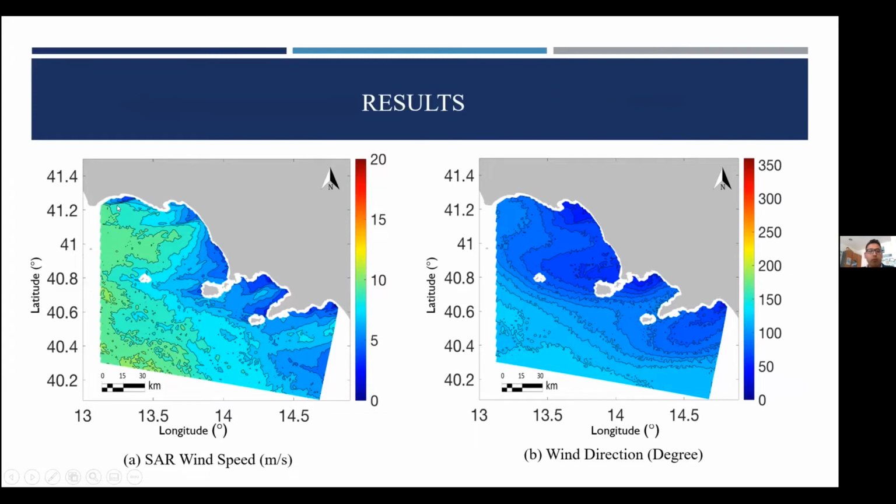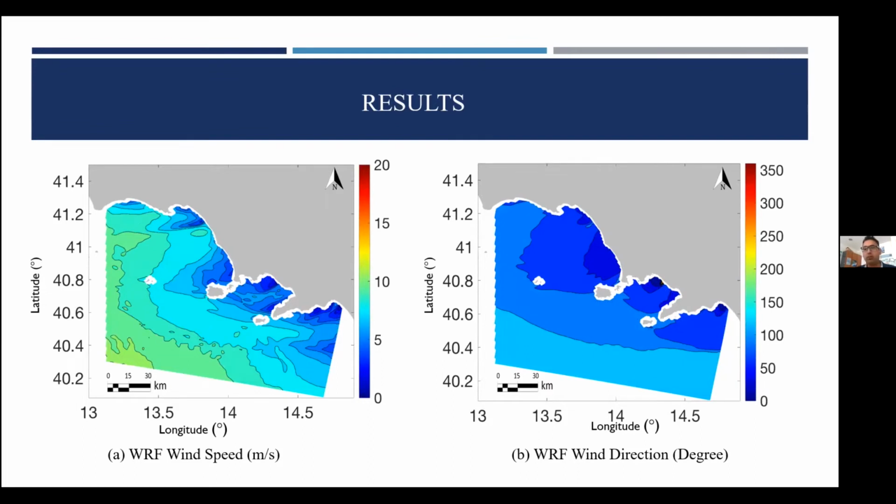We can observe that in this particular region, the wind speed near the coastal area is about 5 meters per second, and when we move away from the coastal area, the wind speed gradually increases, to about 10 or 12 meters per second. In the case of direction, it is around 50 degrees near the coast.